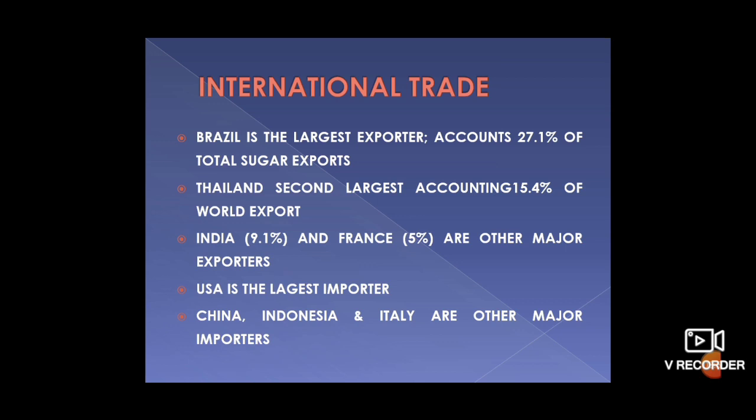USA is the largest importer of sugar in the world. China, Indonesia and Italy are the other major importers of sugar as the internal demand for sugar is very high in these countries.